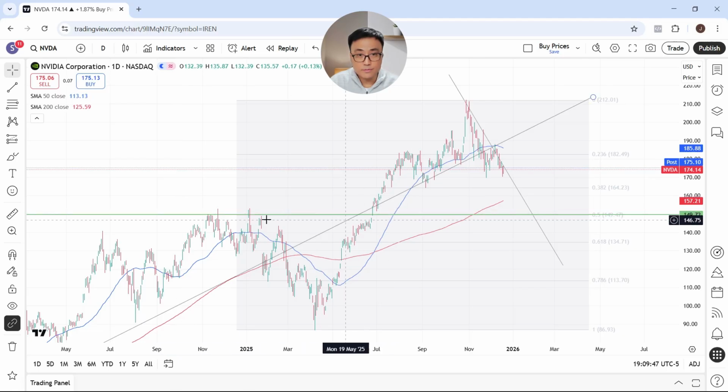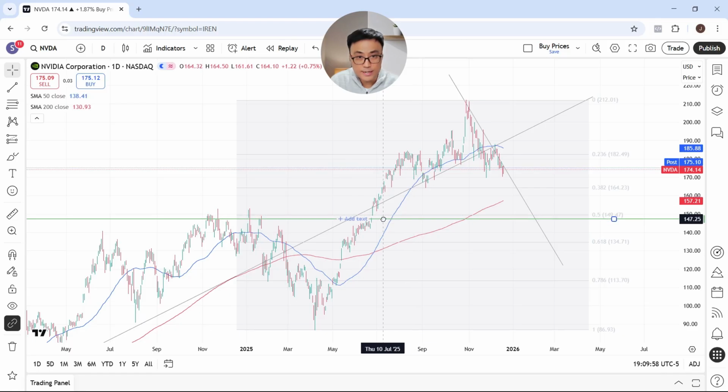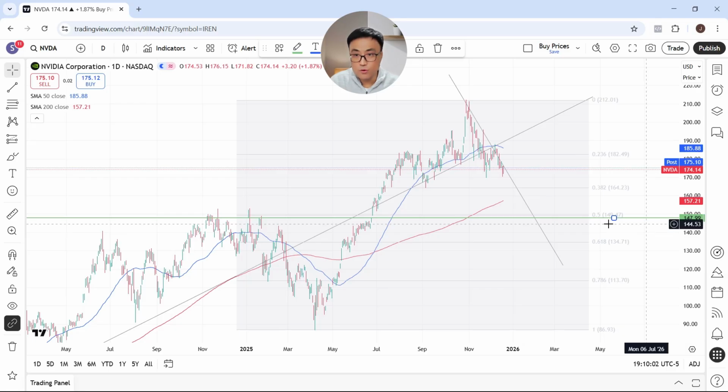And you could see that there's a gap. So it aligns with this gap zone here. It's a local support. So if we move it down, like right around there, about 148-ish, if the prices do a deeper pullback, that's a good area.